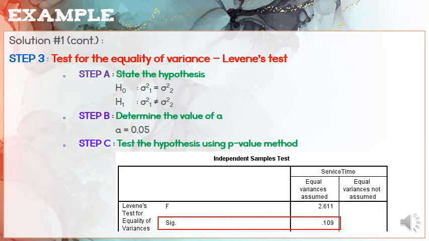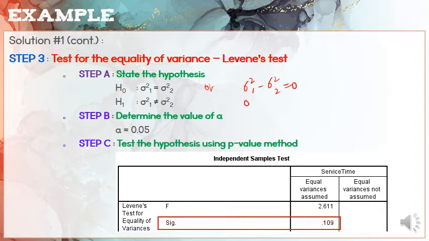Step 3. So, before we can decide whether to reject or not to reject, which test and hypothesis testing cara kita nak pakai, kita kena test for the equality of variance dulu. So, there are 4 steps in testing the equality of variance. So, kita start with step A, state the hypothesis. Sama juga. You can write down sigma squared 1 sama dengan sigma squared 2, or you boleh tulis sigma squared 1 minus sigma squared 2 is equal to 0.